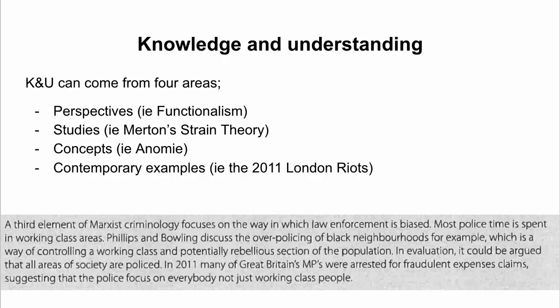Most police time is spent in working class areas. Phillips and Bowling discuss the over-policing of black neighbourhoods, for example, which is a way of controlling a working class and potentially rebellious section of the population. In evaluation, it could be argued that all areas of society are policed. In 2011, many of Great Britain's MPs were arrested for fraudulent expenses claims, suggesting that the police focus on everybody, not just working class people.